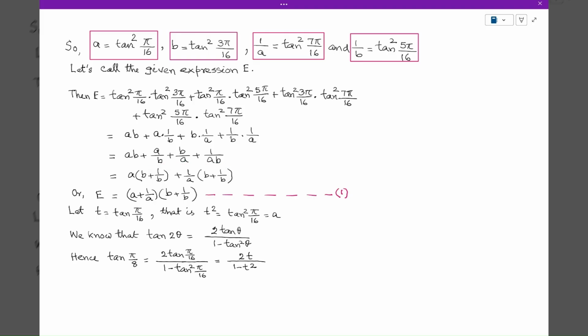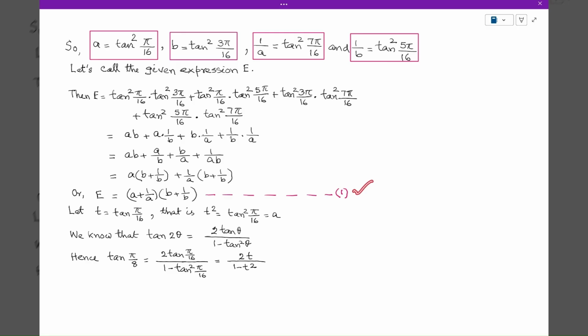And if you take A common from the first two terms, we get A multiplied by B plus 1 by B, and if you take 1 by A common from these two terms, we get 1 by A multiplied by B plus 1 by B. Therefore, the given expression E becomes A plus 1 by A multiplied by B plus 1 by B. Let us call it equation 1.